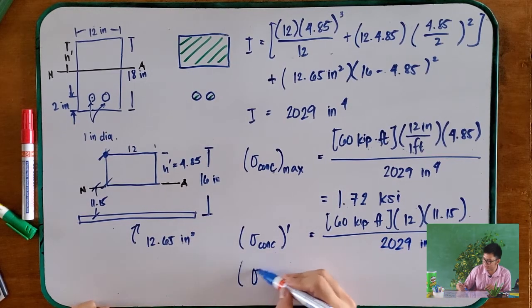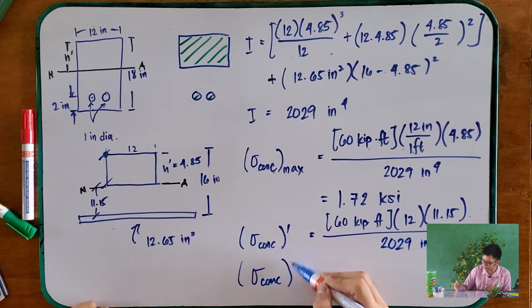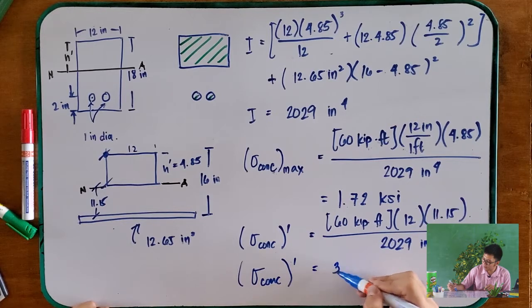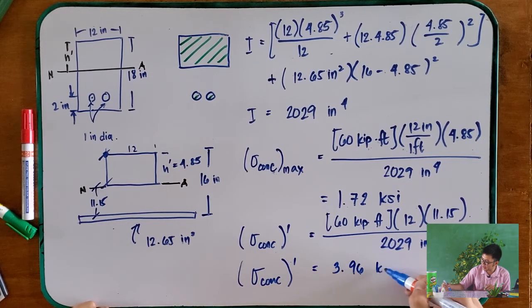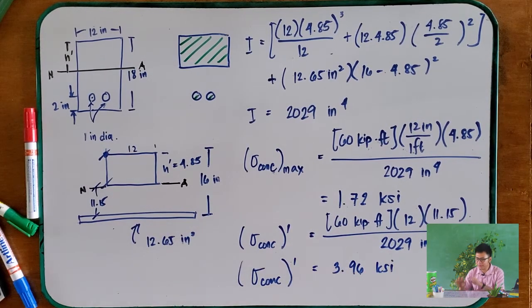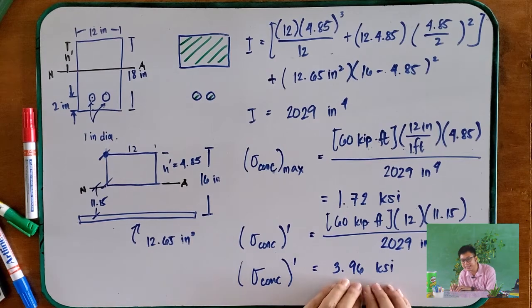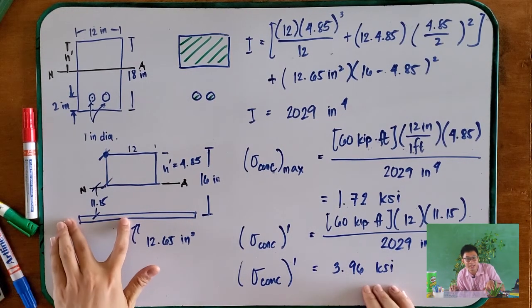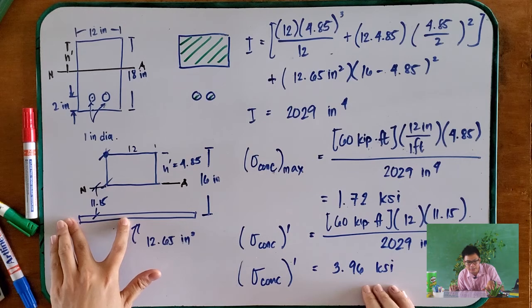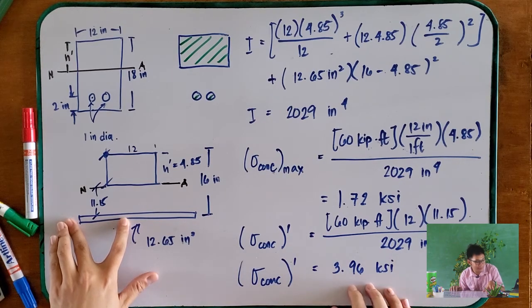And you will have an answer of 3.96 KSI. But take note, this is still the stress in the concrete. It has not yet been transformed into steel. So we have to transform this back into steel.